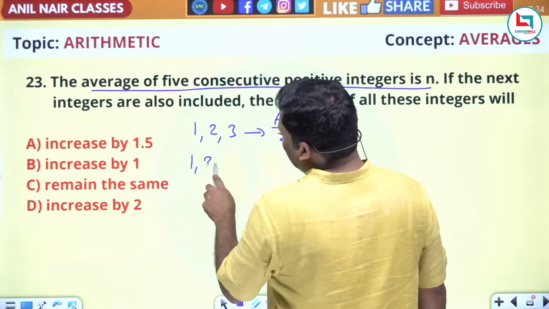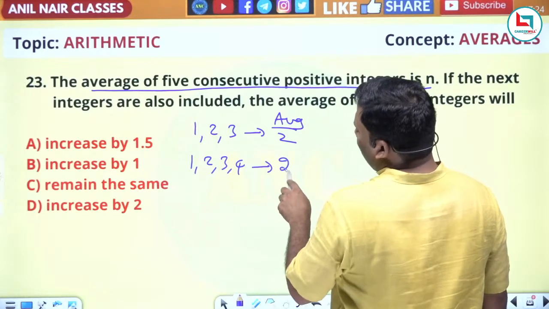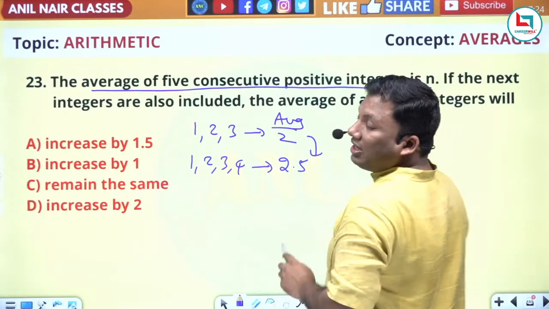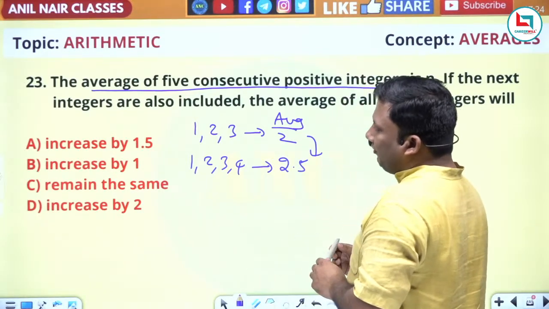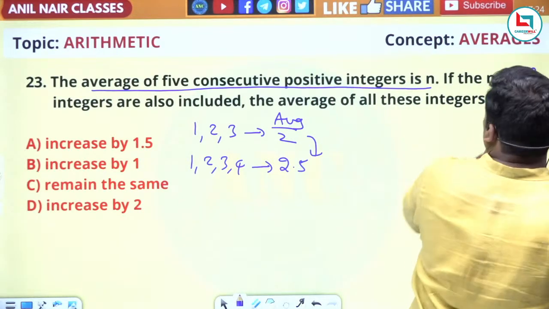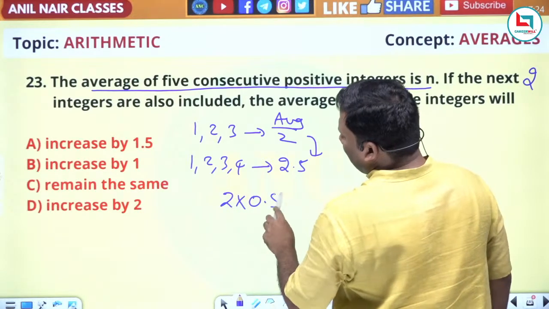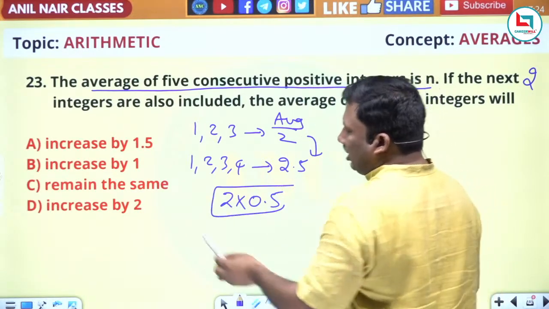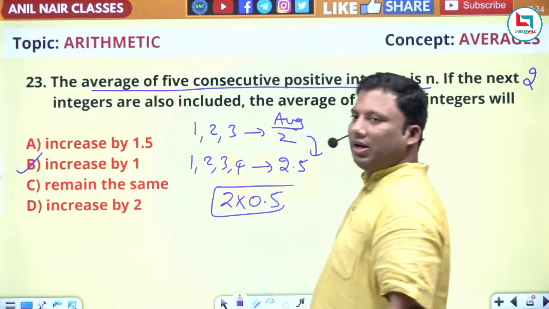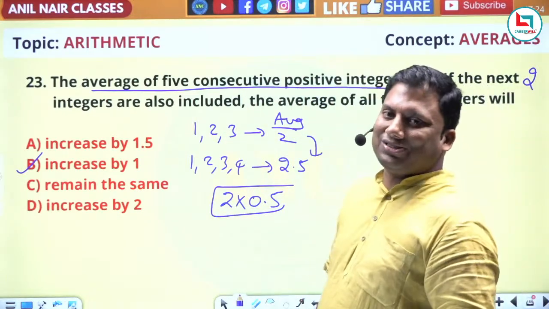If I add 5, by 2 it is 2.5. The average increased by 0.5. So if the next 2 integers are included, the answer will be 2 into 0.5, so the average will increase by 1. Add that statement if 2 integers are also included.